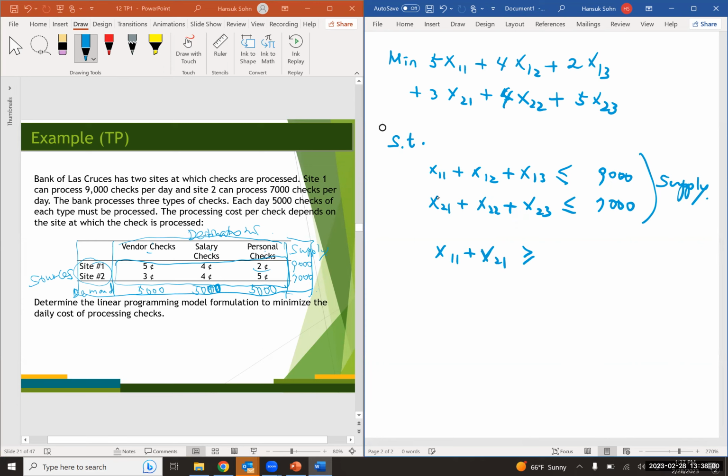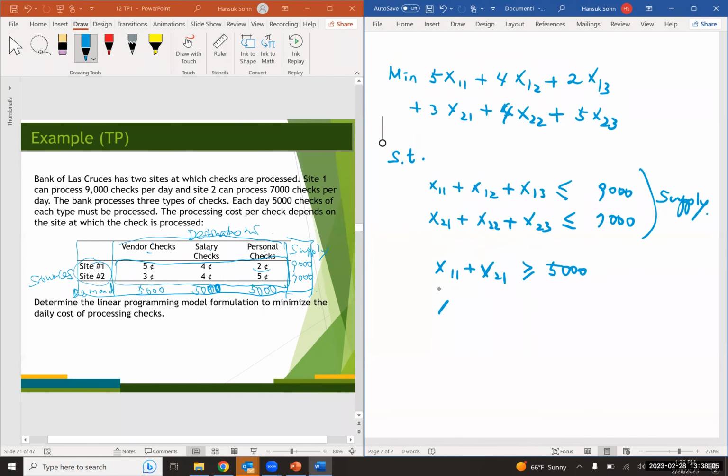Has to be greater than or equal to 5,000. X12, X22 has to be greater than or equal to 5,000, right? X13, X23 has to be greater than or equal to 5,000. Right? This is our demand constraint, right?